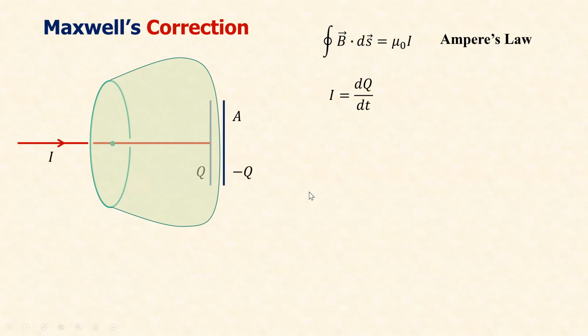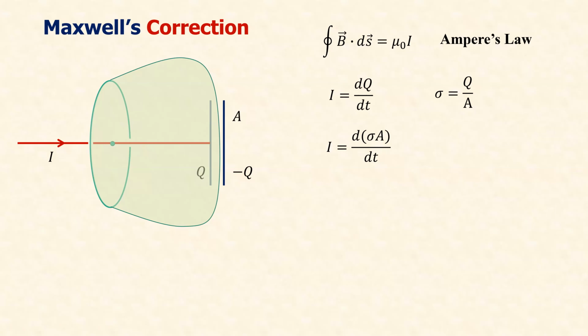And we can write this in terms of the surface charge density. Remember, surface charge density is Q over area. Therefore, Q can be written as sigma times A. So we can write I equal to d sigma A over dt.